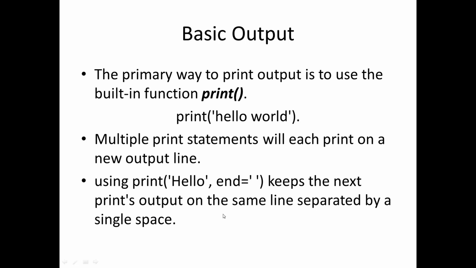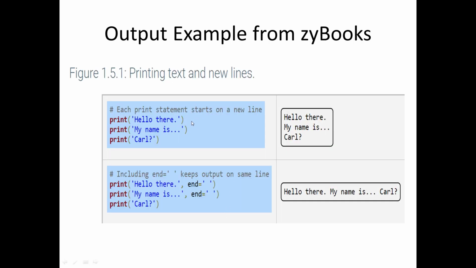Now let's take a look at an example of this. So, in the first code segment, we're going to print hello there, my name is, and Carl. Notice the default behavior of each print statement on a new line occurs here. In the second example, we're going to use the statement end equals single quote, single quote.